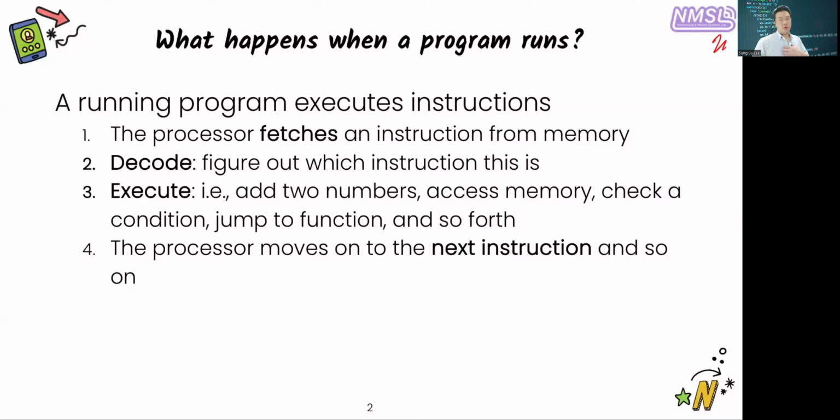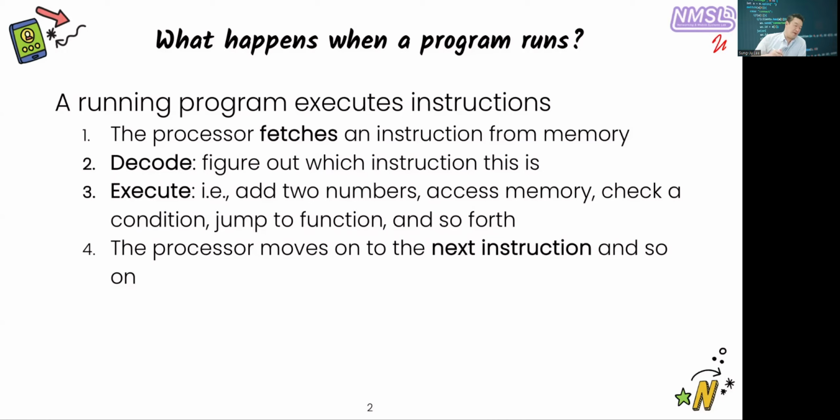So we use computers and we run various programs. The programs could be a web browser, PowerPoint, Kakao Talk, many different things. Now, these programs execute by following instructions. First, the processor within the computer fetches an instruction from memory.